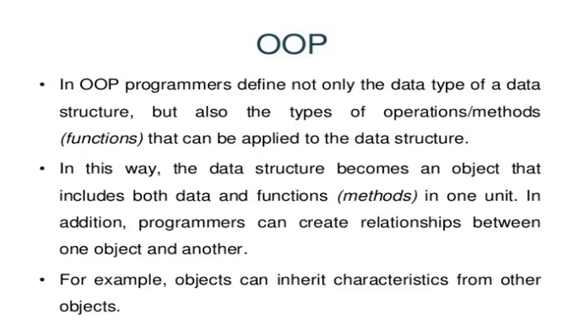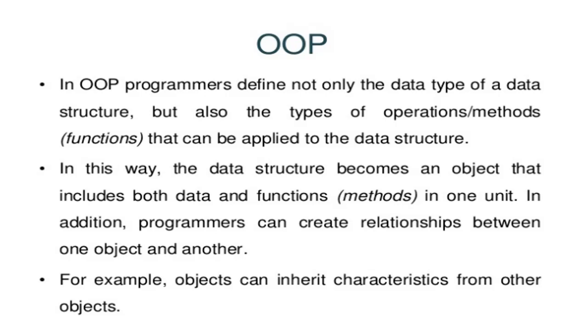In object-oriented programming, programmers define not only the data type of the data structure but also the type of operations or methods. Methods are nothing but functions that can be applied to the data structure. In this way, the data structure becomes an object that includes both data and methods in one unit.